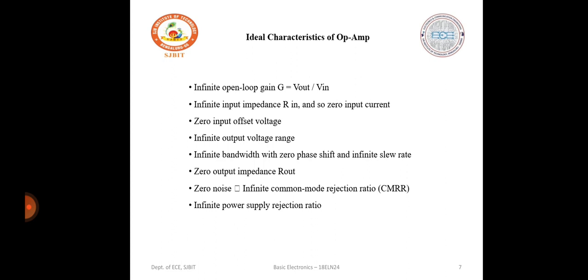So when we go for the ideal parameters, the operational amplifier should possess infinite open loop gain, given by the formula V out by V in, represented by A. Then it should possess an infinite input impedance Ri and zero input current.